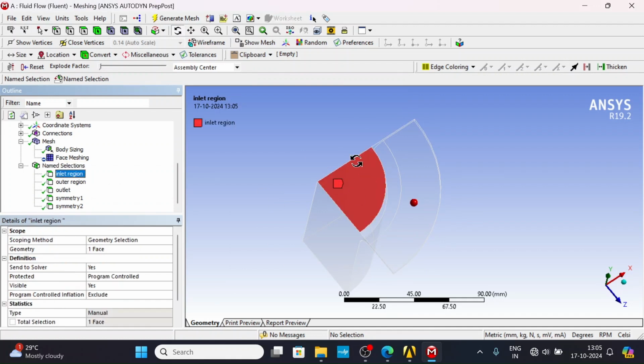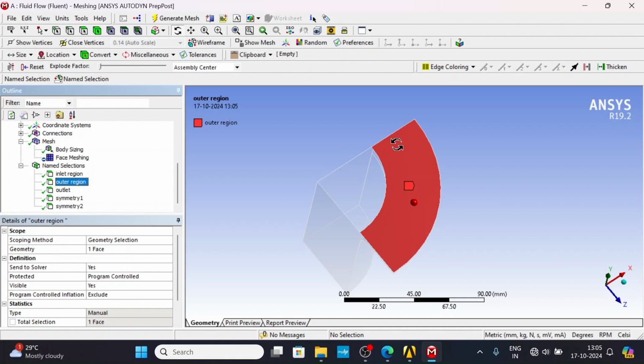So this is the inlet region. The inlet region is the area corresponding to the punch area, and the remaining outer region covers the rest of the blank region.